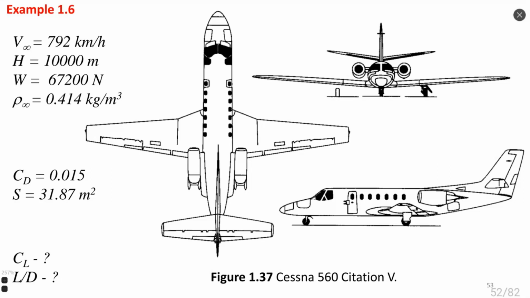Okay, CL is lift divided by Q infinity S, and the same as weight divided by Q infinity S. Okay, and why do I make lift equal to weight? Because we have constant altitude, so it's not accelerating in the vertical direction, and it means that the force of weight is equal to the force of lift.